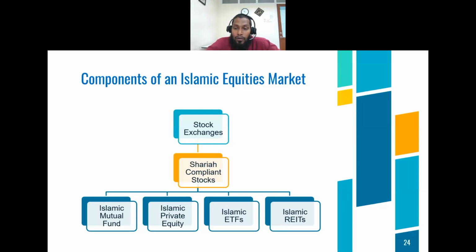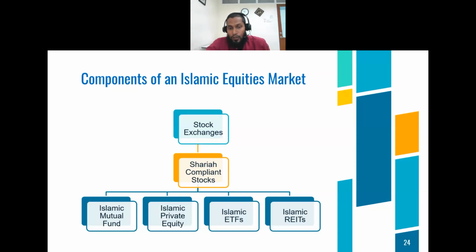Another important segment is Islamic private equity. Islamic private equity is the same as Islamic mutual fund, but it is for high net worth individuals. It requires a big amount of money to invest, and it doesn't require payment upfront. Rather, if the high net worth individuals commit, they promise to transfer their funds gradually, so that can be done. They also pool money from the high net worth individuals and invest. So it's more like a private version of the mutual fund.